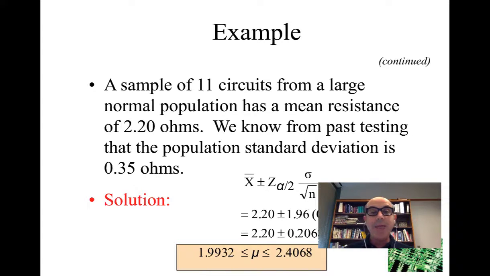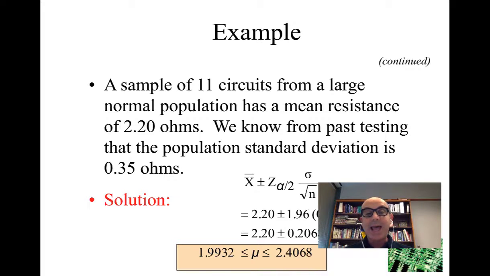So where did I come up with the numbers? 2.2 is the mean, plus or minus 1.96, because we want to have 95% confidence.